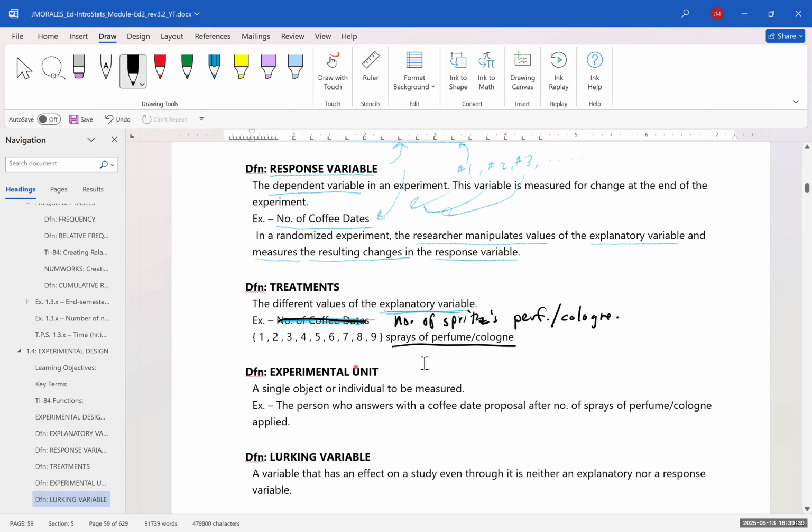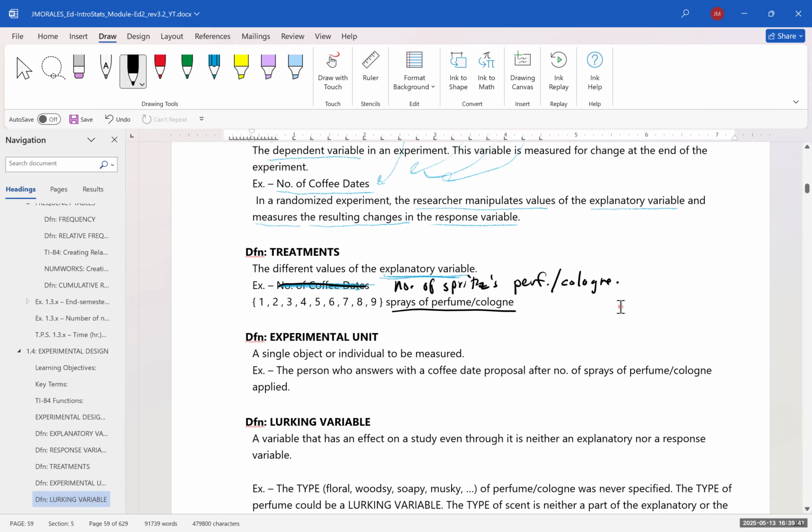An experimental unit. So an experimental unit is kind of like a dispassionate way of saying a single object or an individual to be measured. So if you took a person and you spritzed them with 3 spritzes of perfume or cologne, you wouldn't refer to them as I sprayed a person.